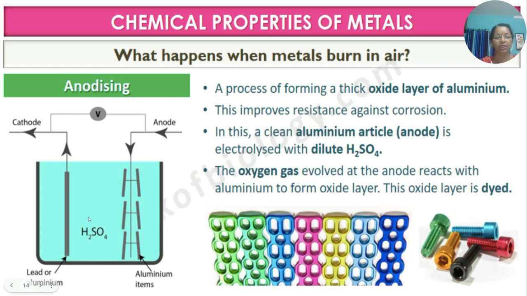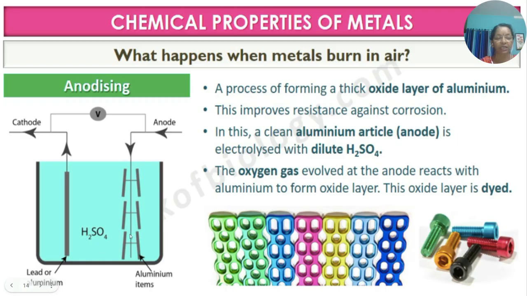Even though it is not clearly given in the text, you can understand that in this setup, the rod to be anodized should be taken as the anode, and after some time it gets a coating of aluminum oxide over the surface, because on electrolysis oxygen will be produced.